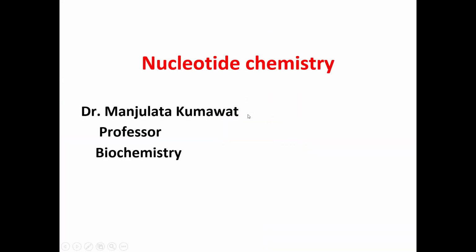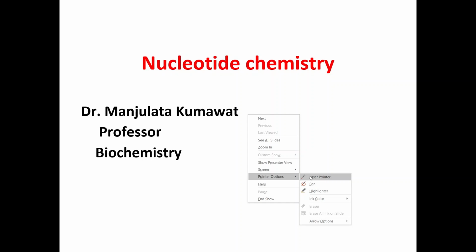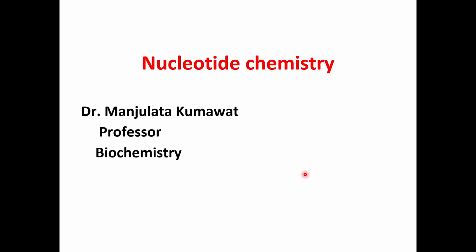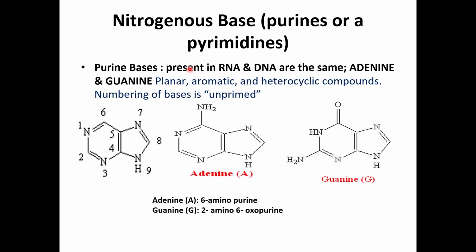In this, as I already told you, what are the different nitrogenous bases? They are purine bases as well as the pyrimidine bases. Both the purine bases, that is adenine and guanine, are present in RNA and DNA. They are planar, aromatic, as you see the aromatic ring is there, and heterocyclic as they contain carbon, hydrogen, oxygen and nitrogen atoms.